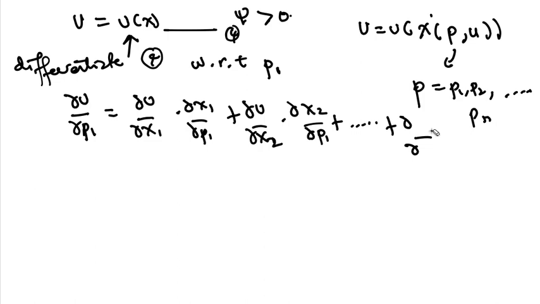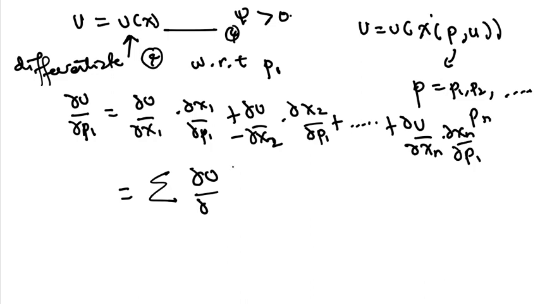This is a lot of derivation. So instead of writing like this, very long because you have summation, I can summarize it this way: the summation of delta U over delta Xj times delta Xj over delta P1. You get me?